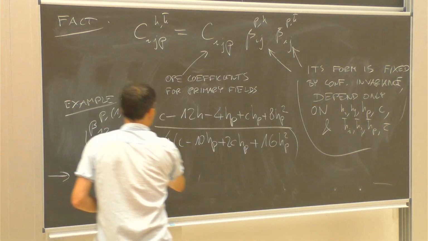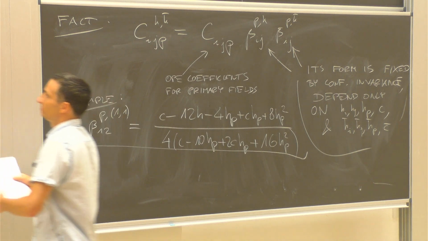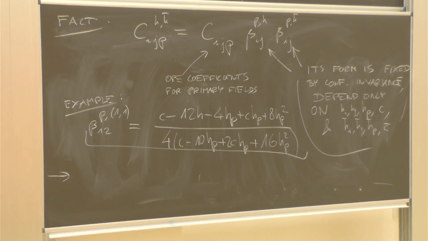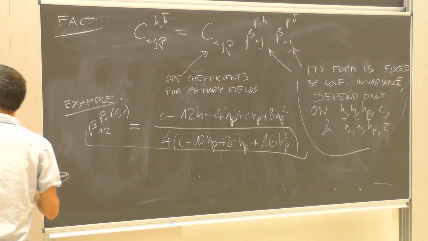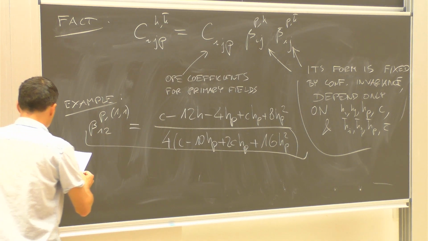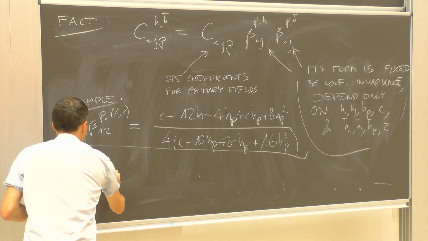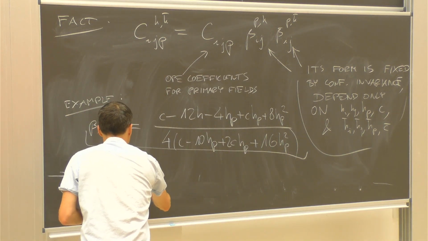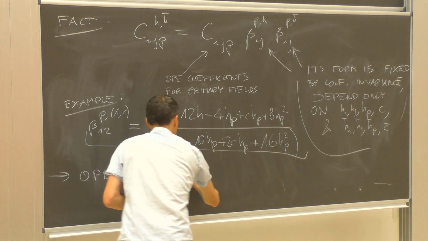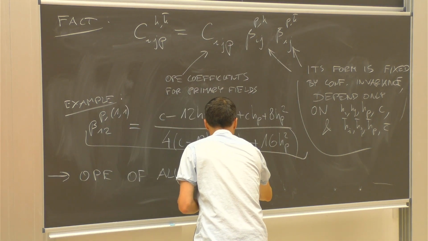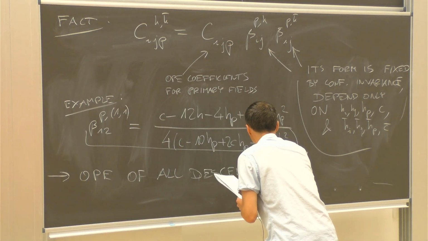So in this way, we know, at least in principle, how to find the complete OPE of any of these primary states. And then one can also play with this expression. In other words, one can also find the OPE of descendant states, I mean, of all descendant fields.